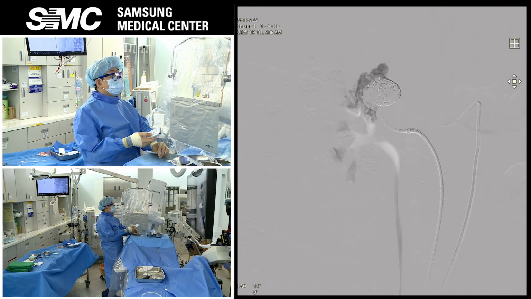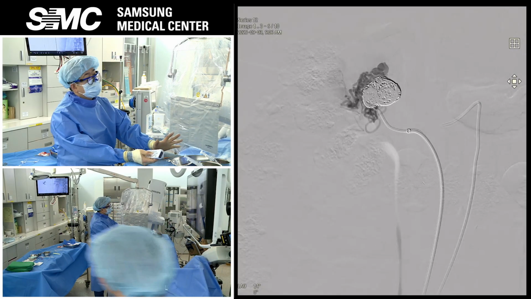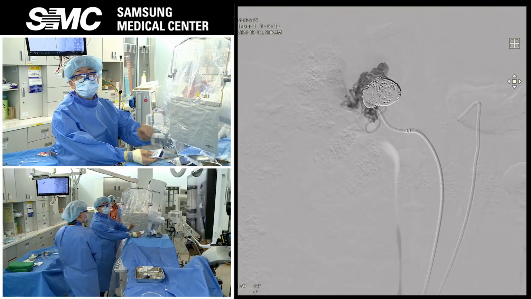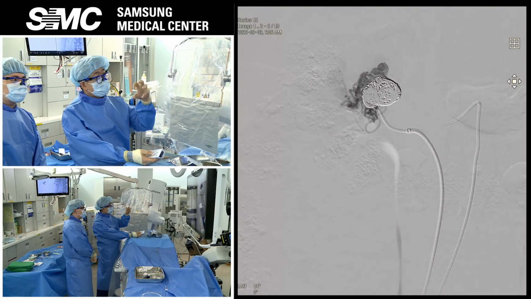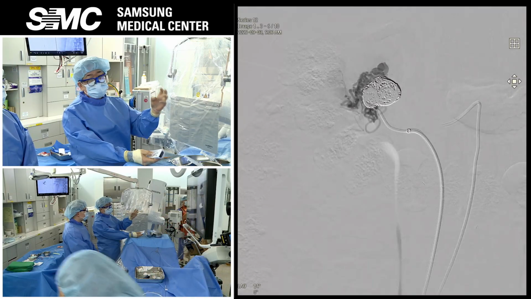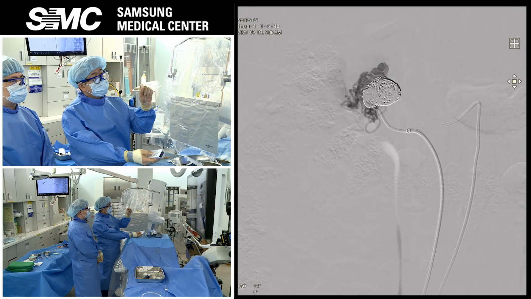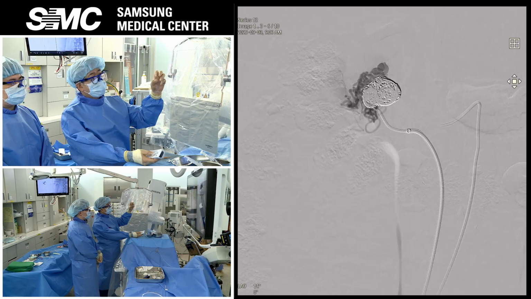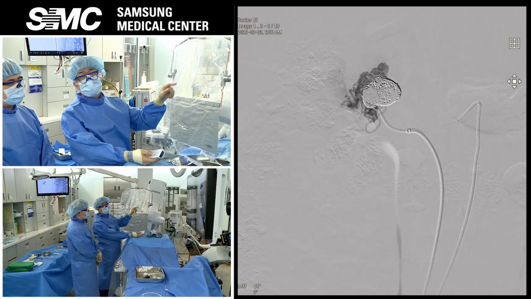This is a very beautiful image of the AVM after embolization of the nidus of the dilated vein, and then through the transvenous microcatheter, angiography shows multiple feeding arteries joining the AVM nidus, and it refluxes to the normal parenchyma.